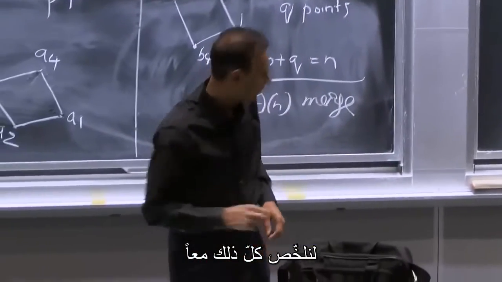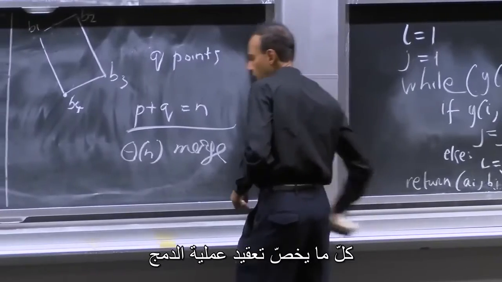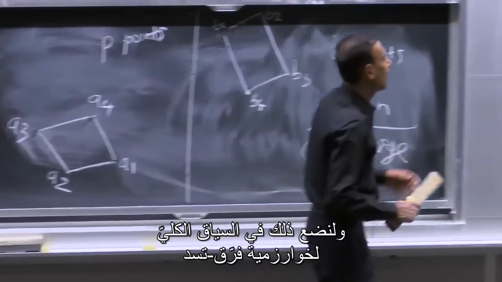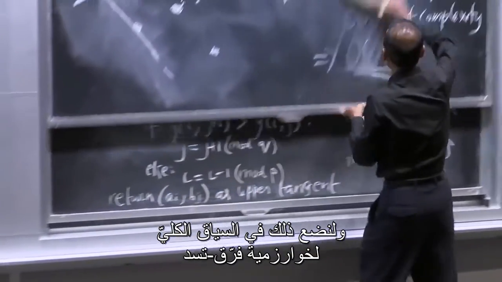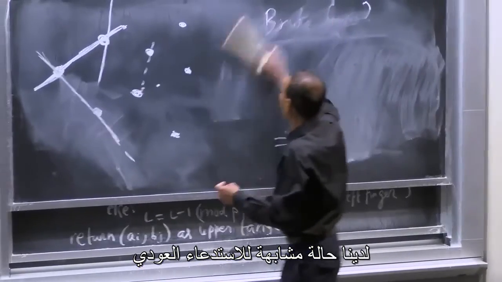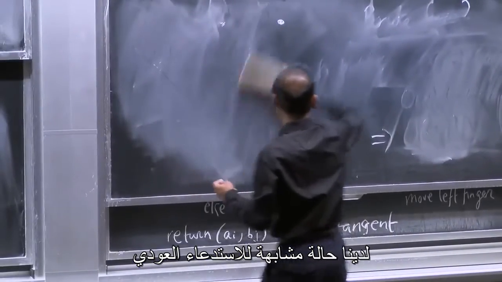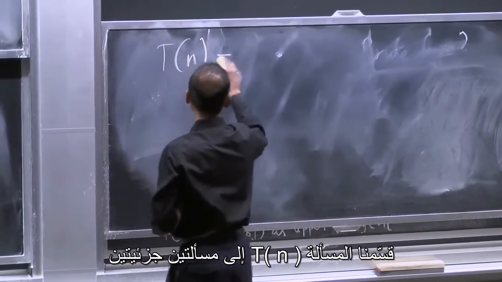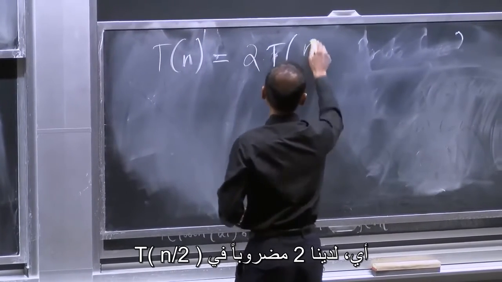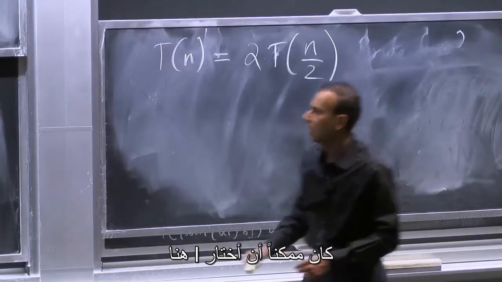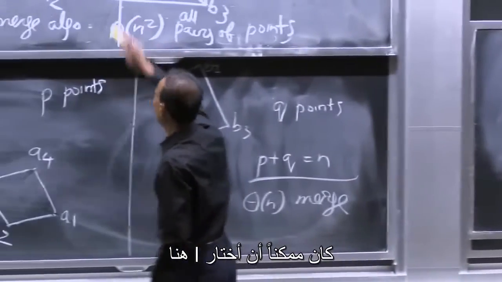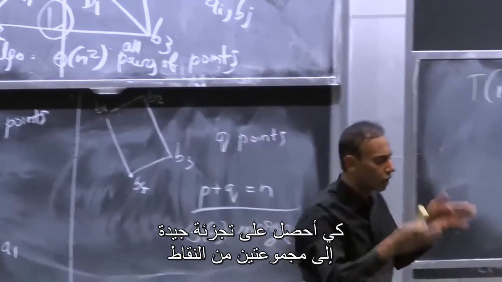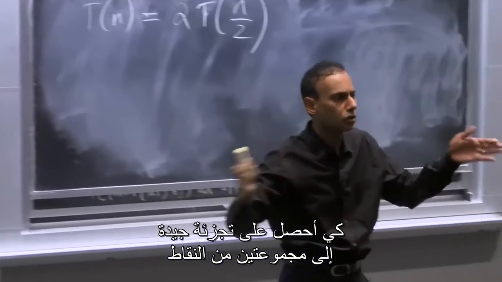And so you put together what the merge corresponds to in terms of complexity with the overall divide and conquer. We have a recurrence that you've seen many a time. T of n, I've broken it up into two subproblems. I could certainly choose this L over here, that's my line L, to be such that I have a good partition between the two sets of points.